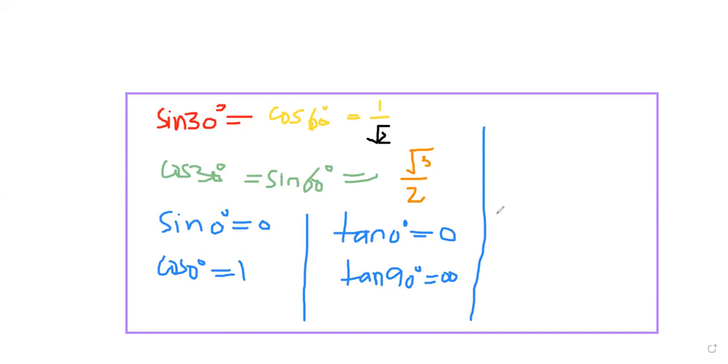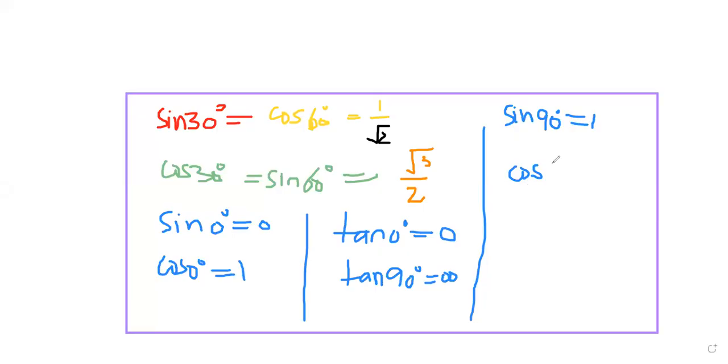Similarly, sine 90 will be equal to, sorry, 1, and cos of 90 will be equal to 0.